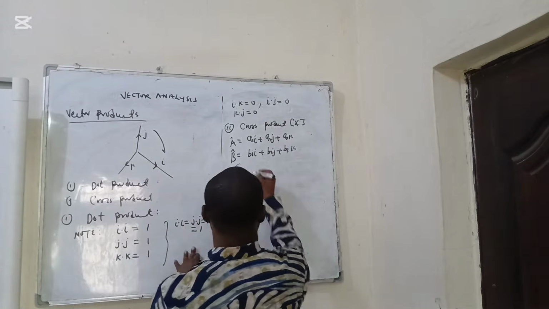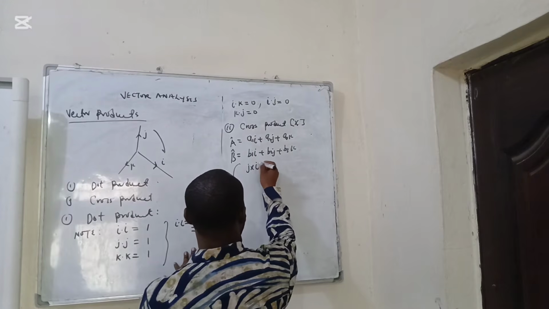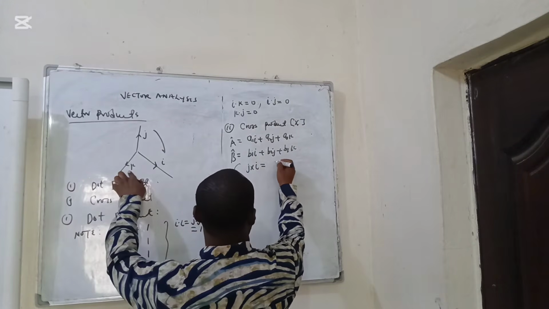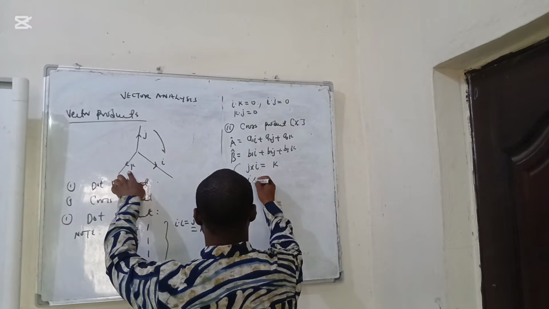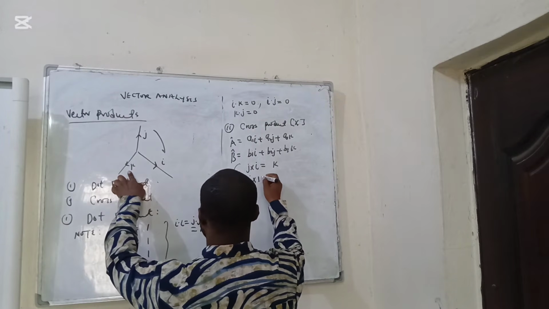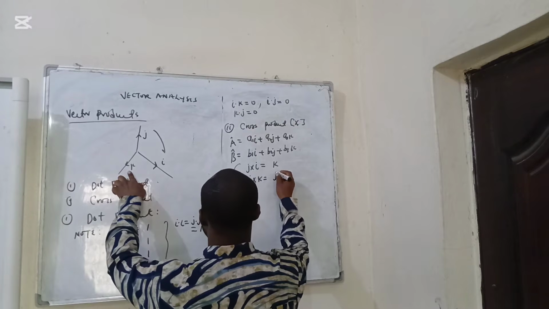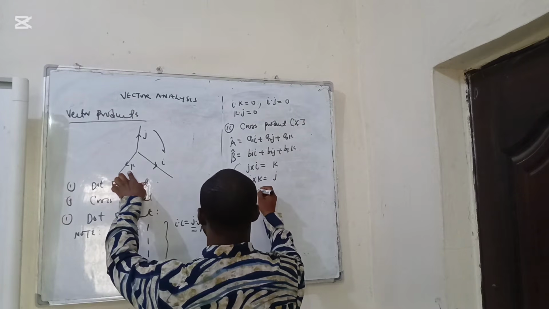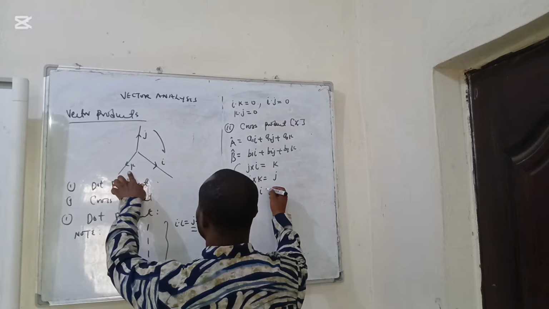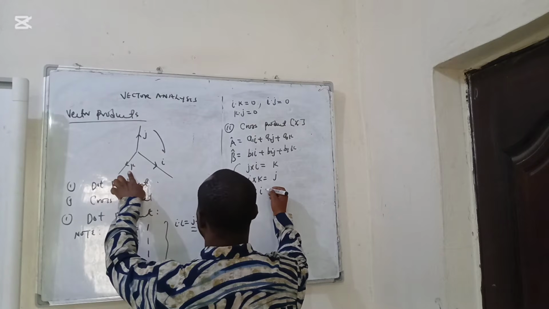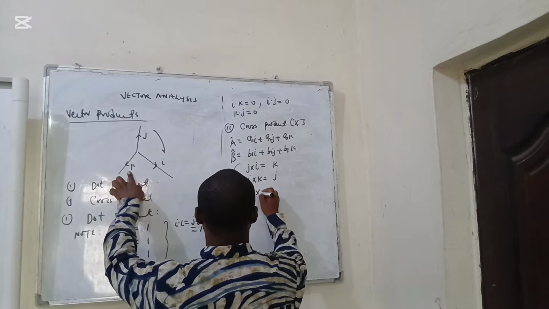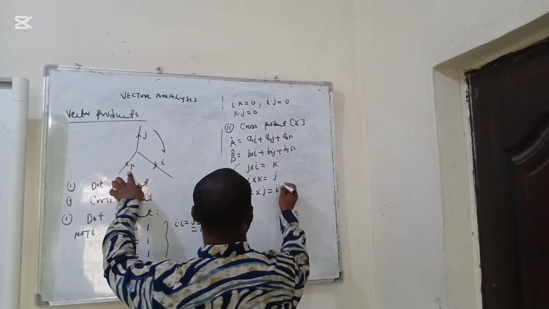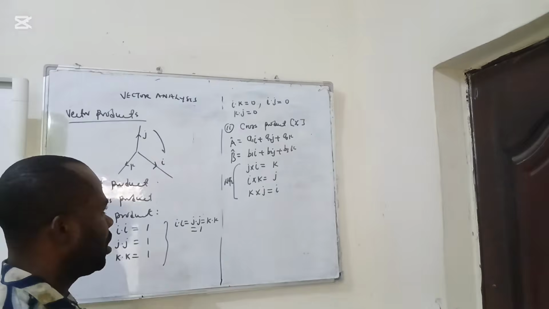So we are saying that i cross j is actually k, and also j cross k is i, and k cross i is j.